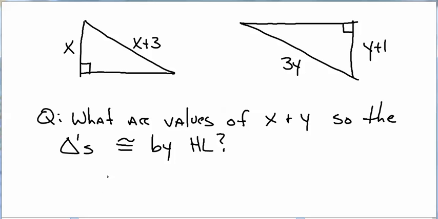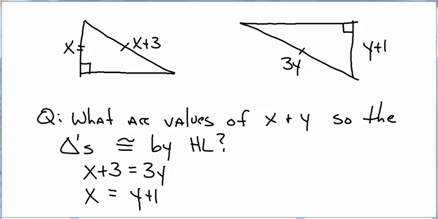Here's how you would set this up. What does the x plus 3 have to be equal to? 3y. Right, so x plus 3 has to be equal to 3y. Hypotenuse congruent to hypotenuse. What does x have to be equal to? y plus 1, right? Leg congruent to leg.